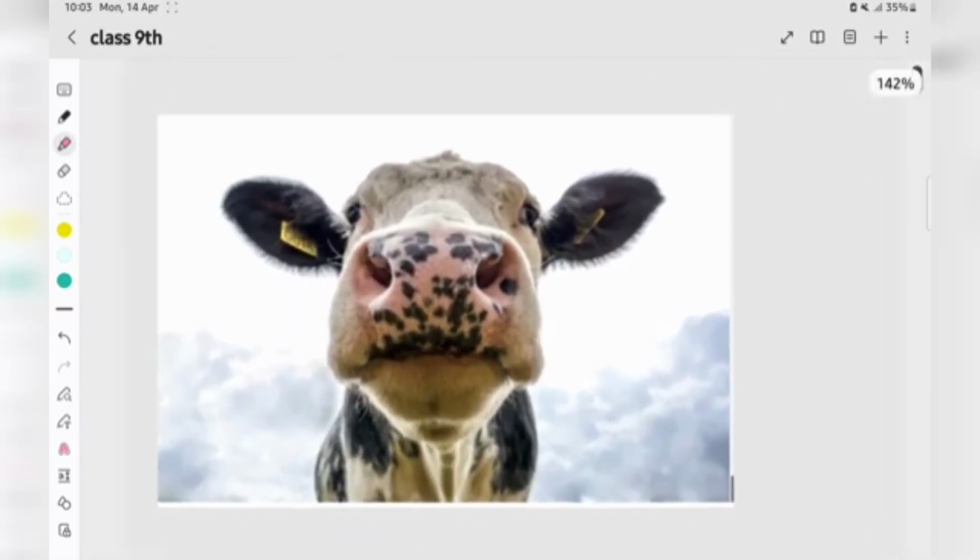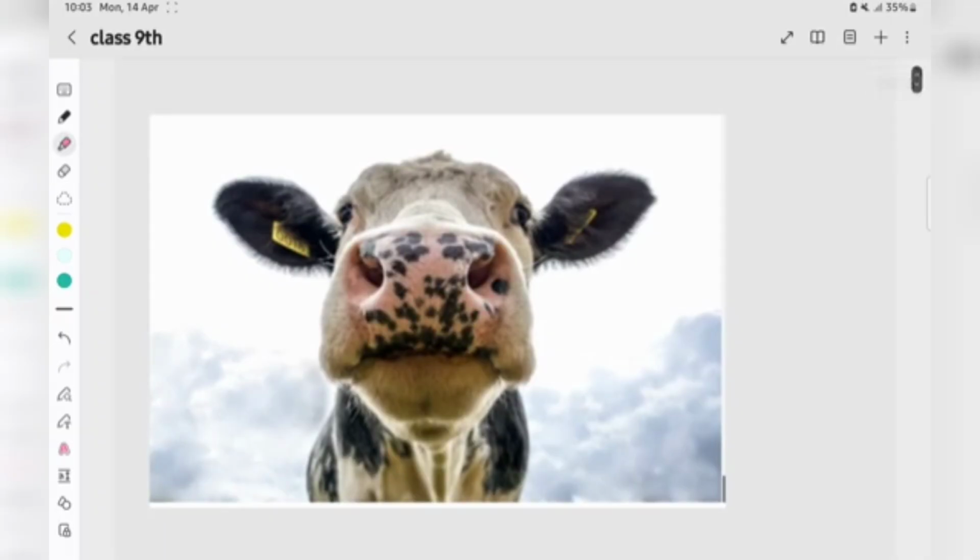What is this? Isn't it a really beautiful cow? So what do you think? Is a cow living or non-living according to you? What do you guys think? Hopefully you are saying that it is living. Can't agree more. Very good.